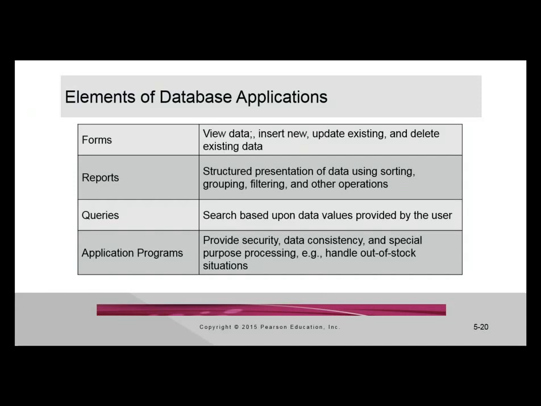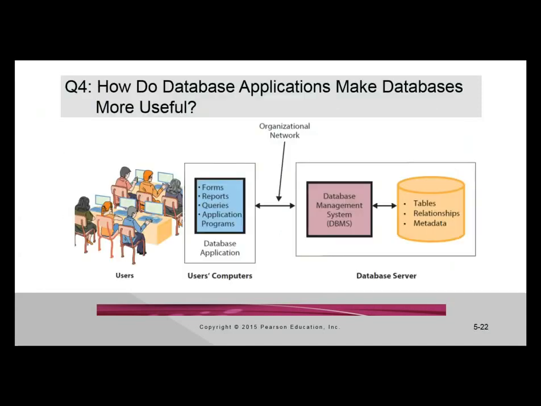And we're also going to talk about queries, which are a question, a language, and application programs. So how do database applications make databases useful? Remember, databases are just tables, relationships, and metadata, but the real power comes from our ability to interact with them, to ask them questions, to report on the information, to drive down into the data. That's where the usefulness comes from.